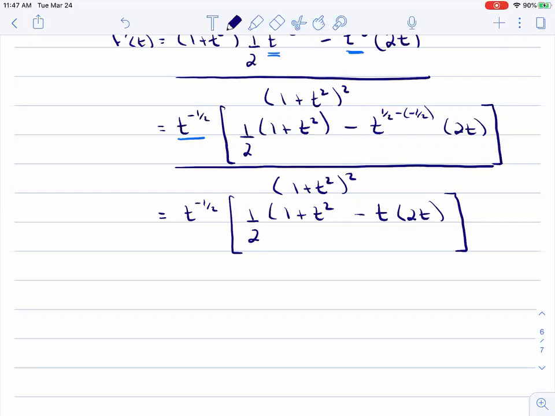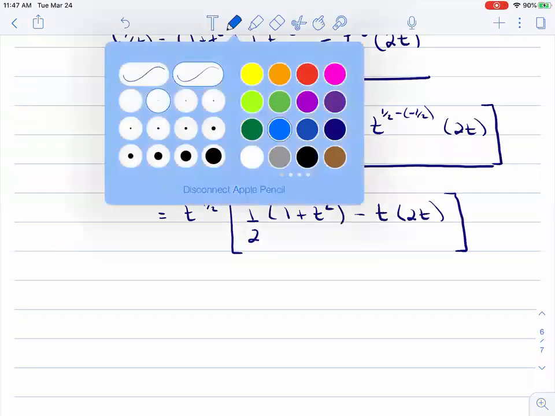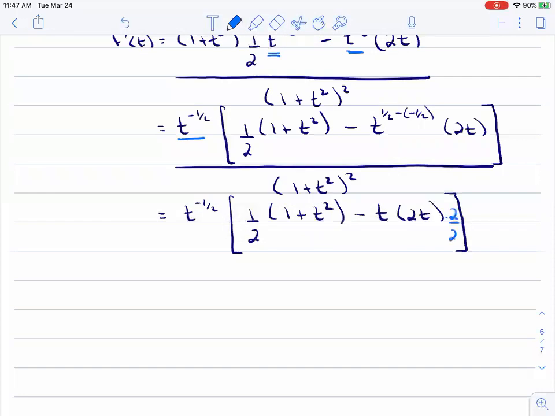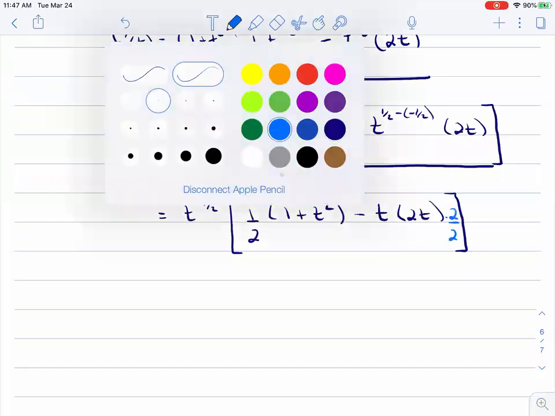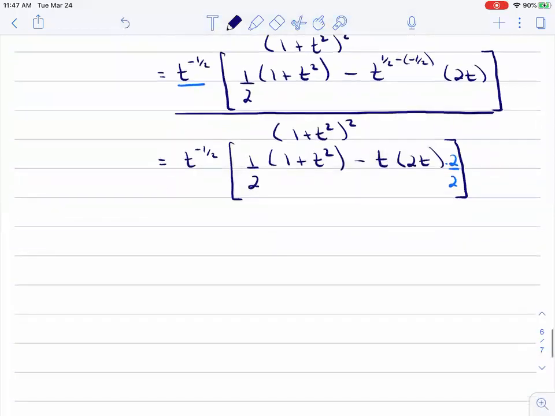I've got this over 2 here, so I want to put this over 2 as well. I'm just going to multiply this by 2 over 2 to get that common denominator. And of course, don't forget the denominator, over 1 plus t squared, squared.